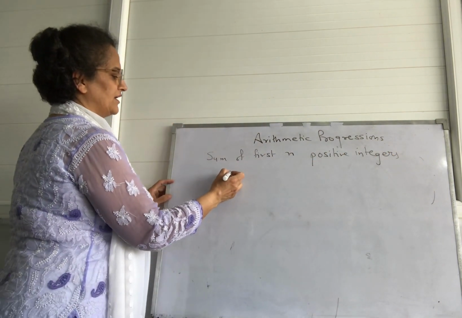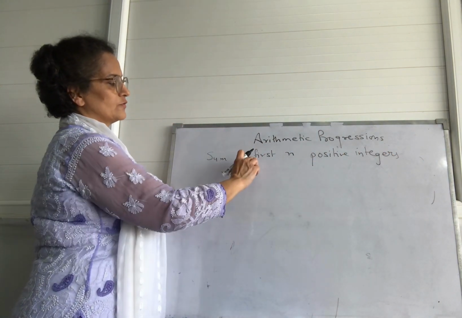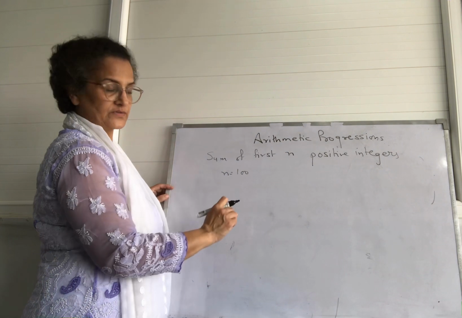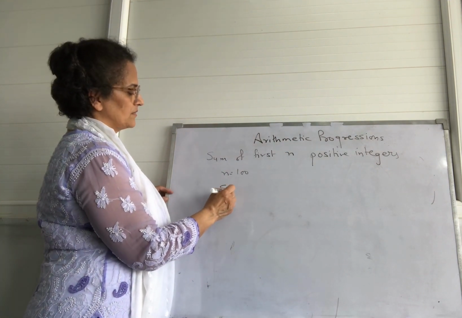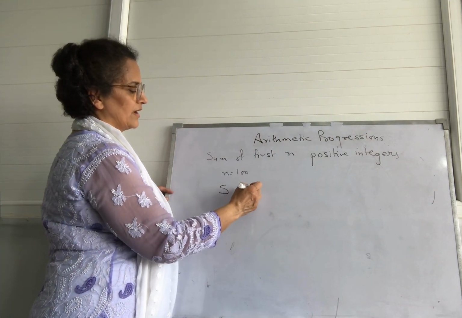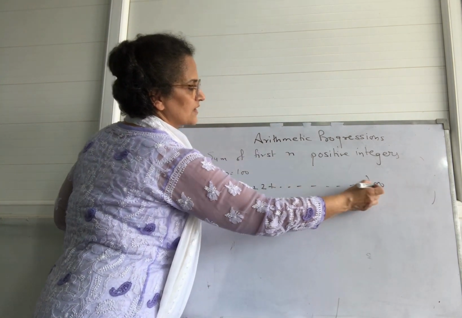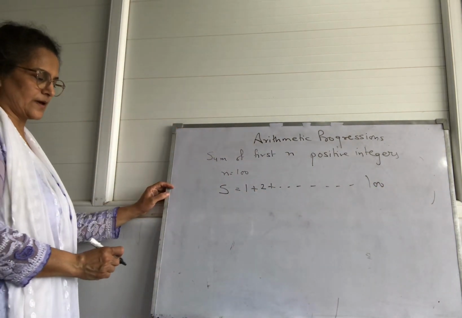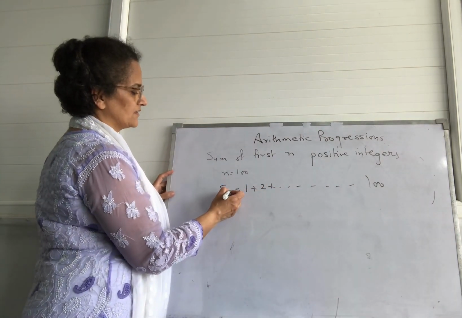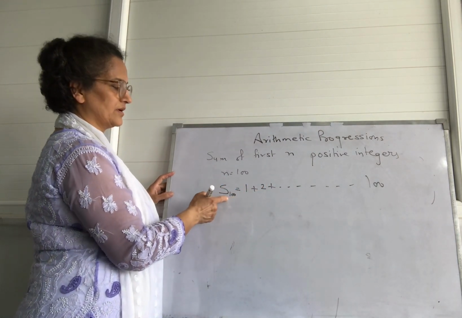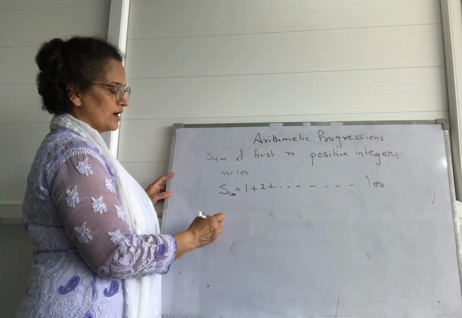Let me take n to be 100. So first 100 positive integers. So my sum is 1 plus 2, and how many terms are there? 100 terms are there. Let me write, this is my sum of 100 terms. I have taken n to be 100.